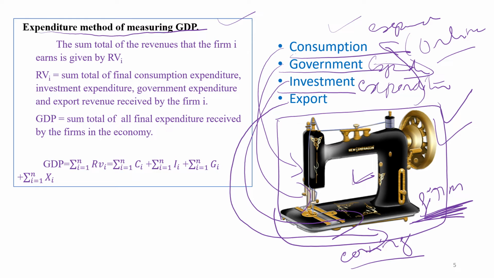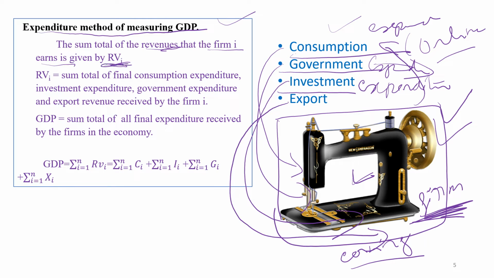Let us understand how we are going to calculate GDP under the expenditure method. What is RVi? RVi is nothing but the sum total of revenues that firm i earns.